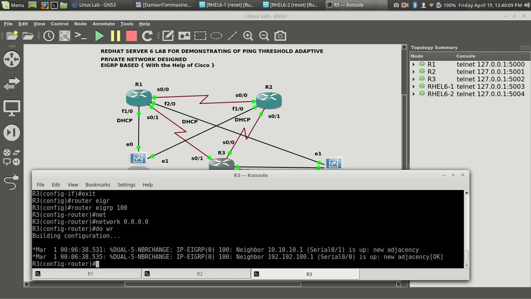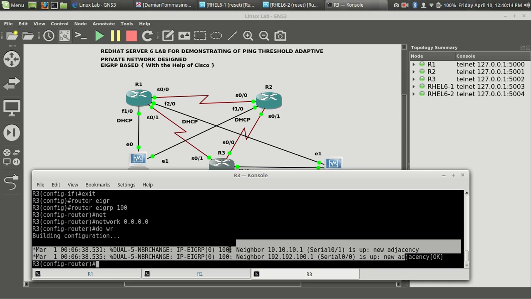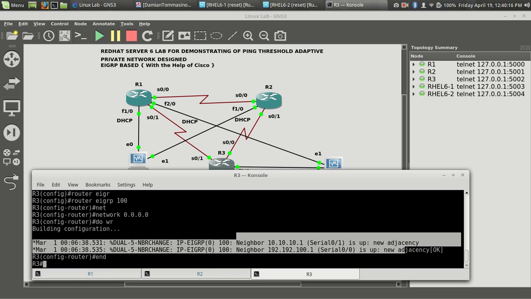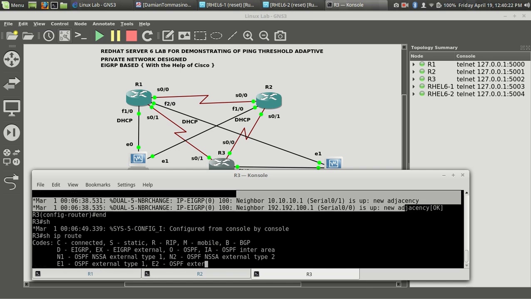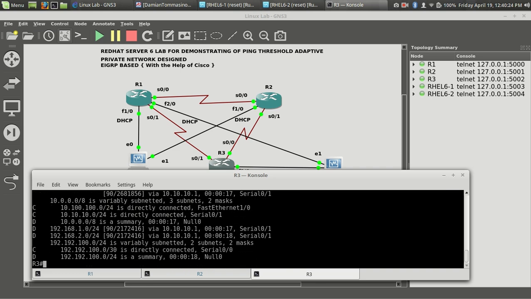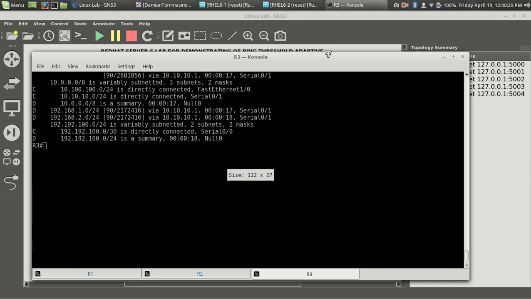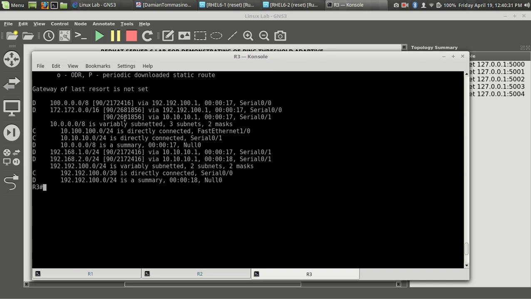Okay, I got the adjacency. This is the neighbor adjacency. First I would like to check the routes. These are the routes. So please note, these are the speed.